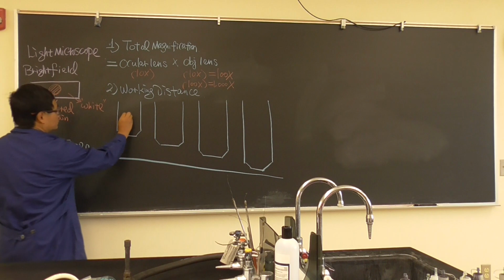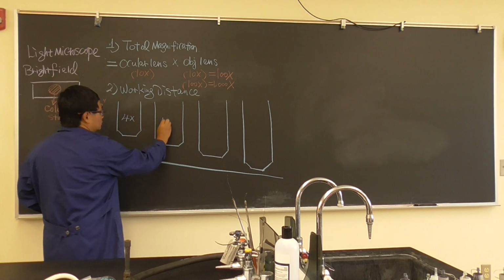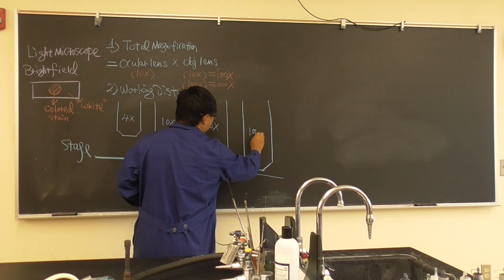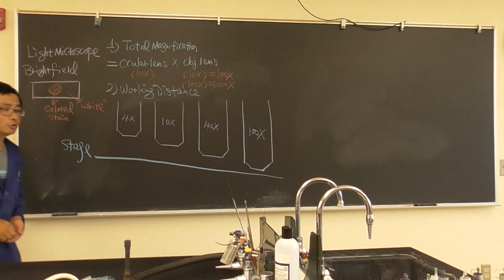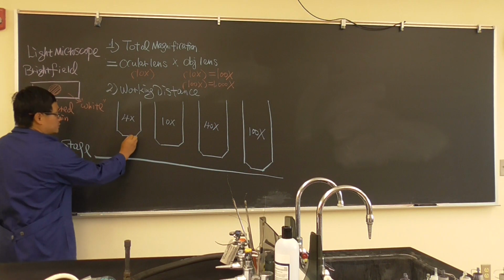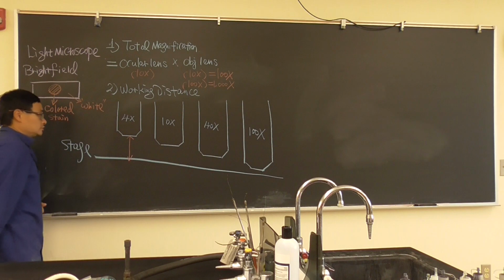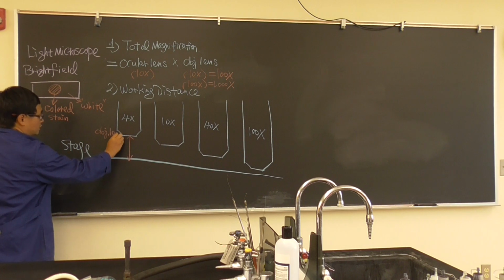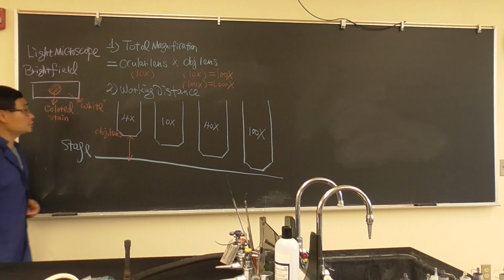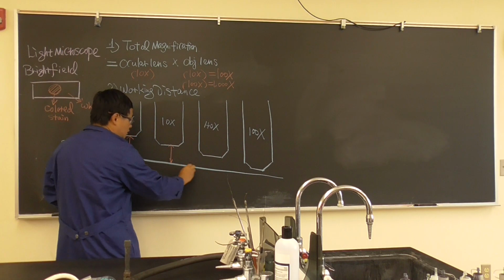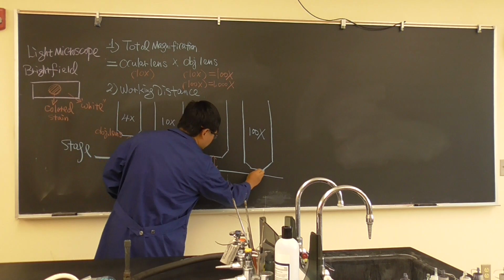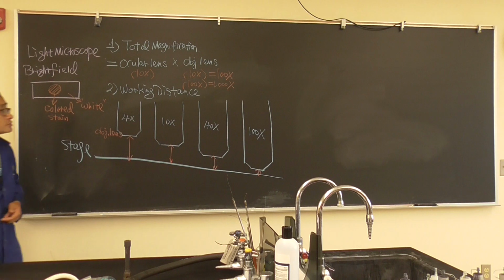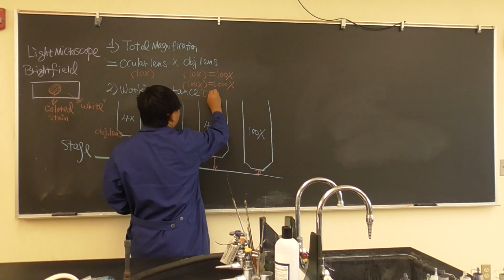Then you will have 4x, 10x, 40x, and 100x. What is called working distance? That is the distance between the objective lens and the stage. And you can see the working distance obviously decreases with increasing magnification of the objective lens.